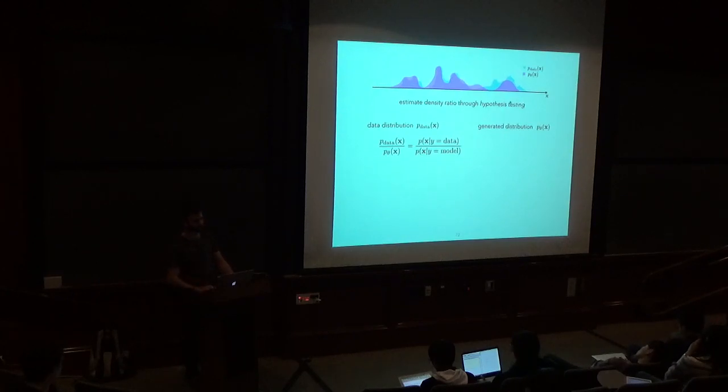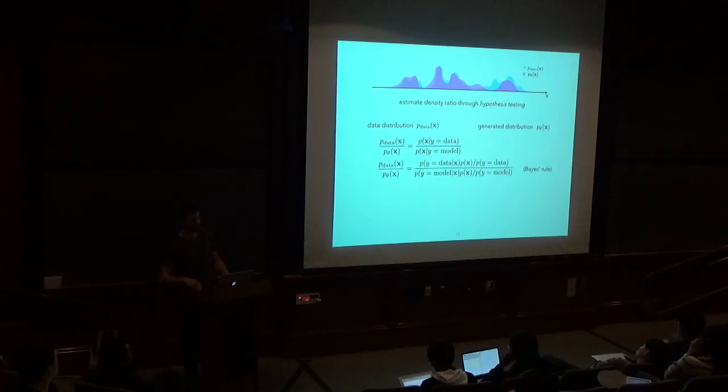And here we're going to say this is the probability of some observation that we would see given that the underlying distribution was actually from the data, over the probability of this data example given that the underlying distribution was from the model. And so we can use Bayes' rule to rewrite this top and bottom.